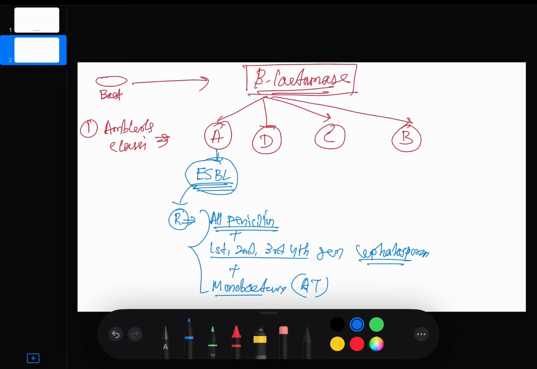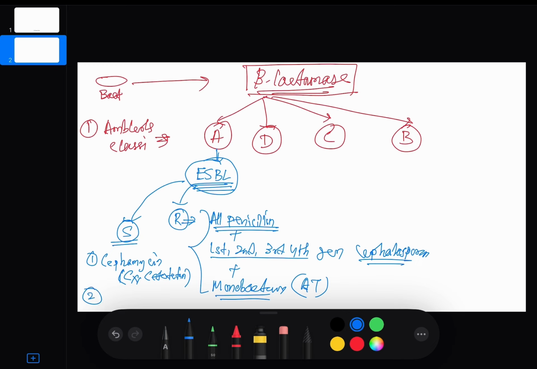If there is resistance there should be some drug to kill the ESBL producing bacteria. They are susceptible to, first, the cephamycin group, which includes cefoxitin and cefotetan. These are the two antibiotics under the cephamycin group.